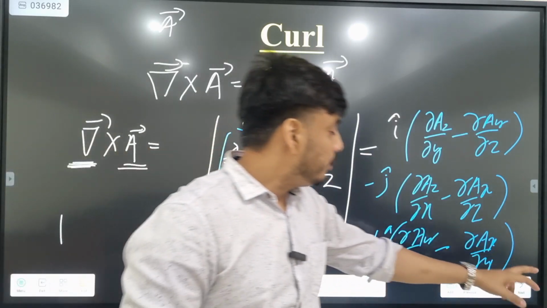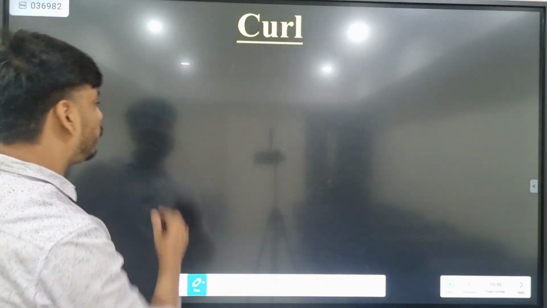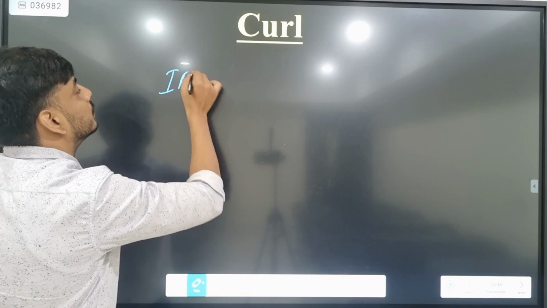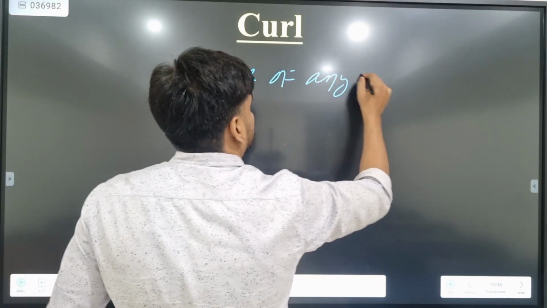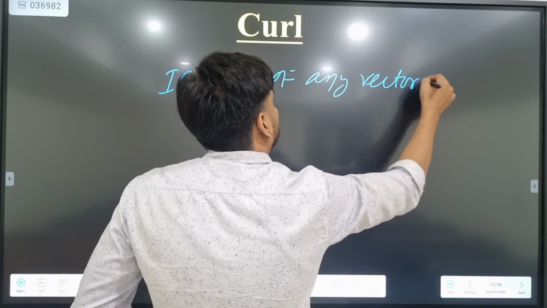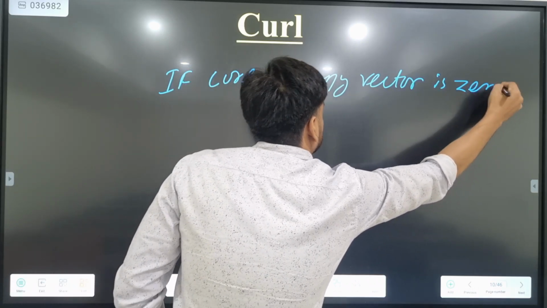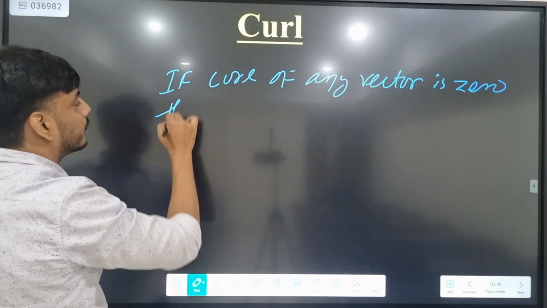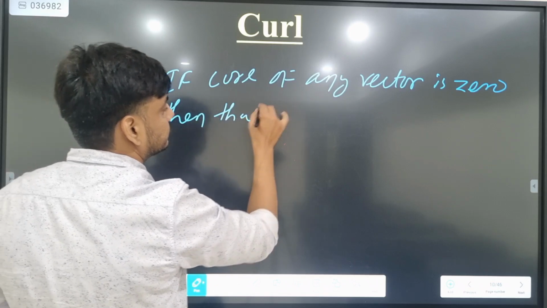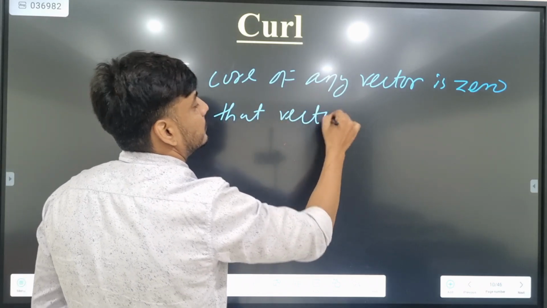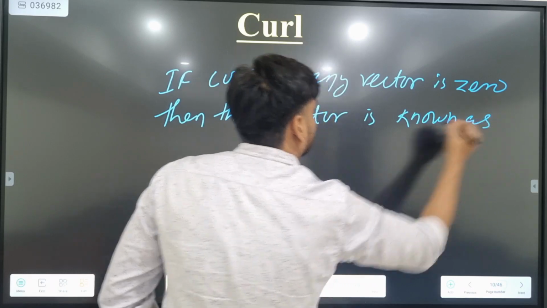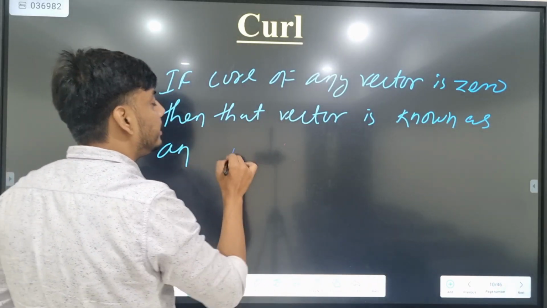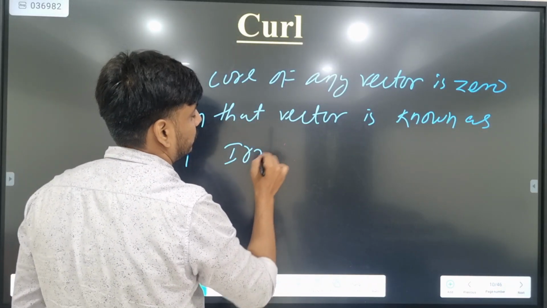Clear? And one more important thing, remember: if the curl of any vector is 0, then that vector is known as an irrotational vector.